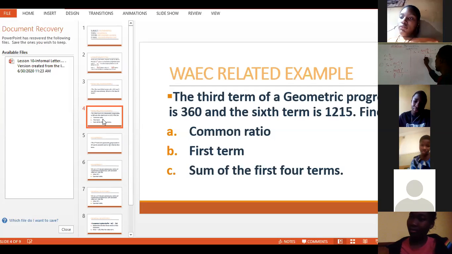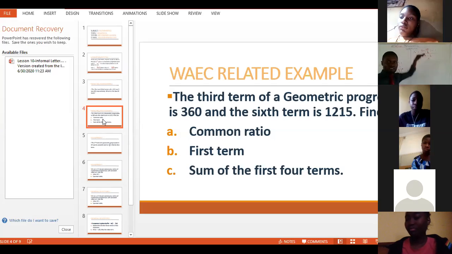So from here, you are solving the numerator separately, and the denominator separately. But it's not like you're going to remove them. You are solving the numerator separately and still putting it at the top, solving the denominator separately and still putting it down. So they are still working together.